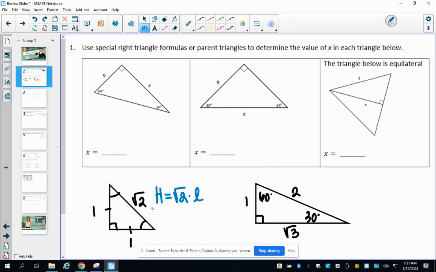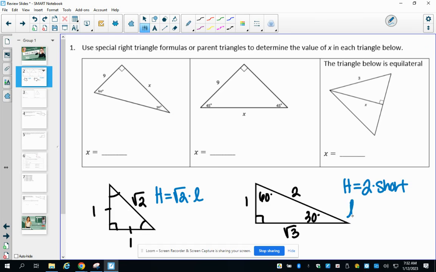So whatever the leg is, we multiply by square root 2 to get the hypotenuse, or backwards you could divide by square root 2. In the 30, 60, 90, you have that the hypotenuse is always 2 times the shorter leg. So you can see that here, the short leg is 1, multiply it by 2, you get the hypotenuse, or backwards would be divide by 2.